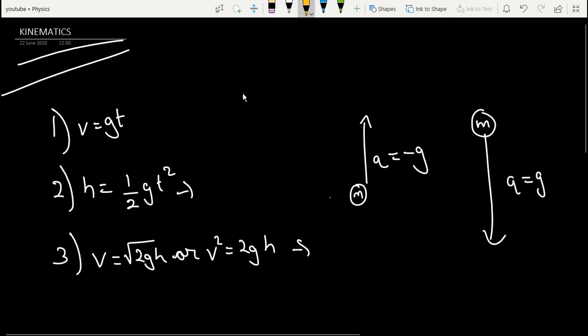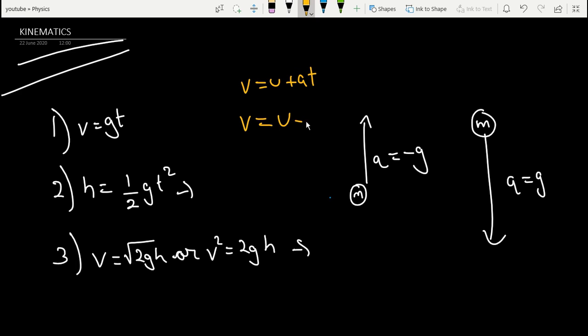The first equation, v is equal to u plus at. Here v and u will remain the same, because there is an initial velocity and a final velocity too. So the equation will be v is equal to u minus gt. Understood why? Because acceleration is minus g. Now the second, which is s is equal to ut plus half at square.